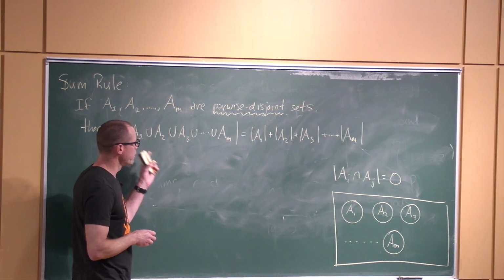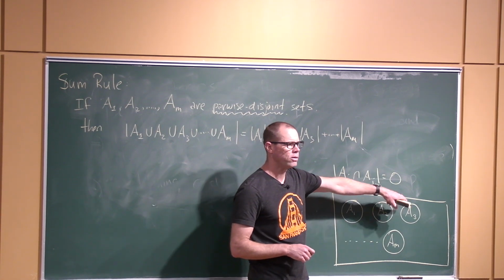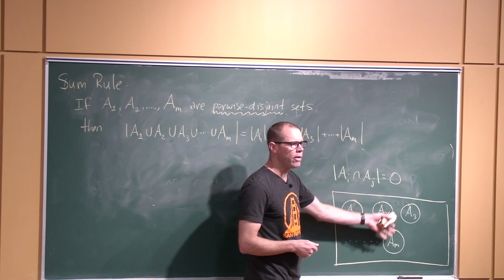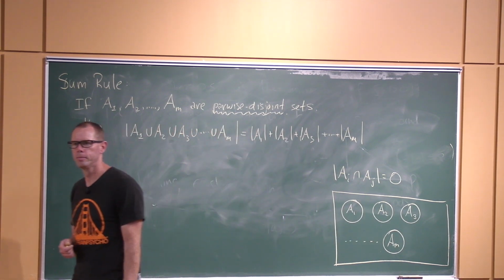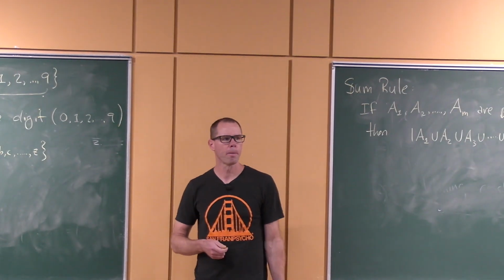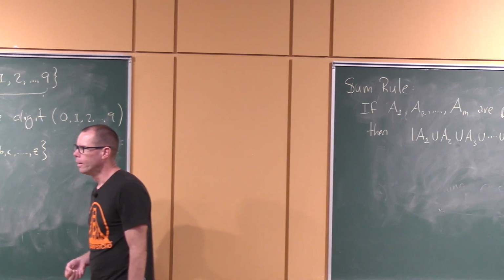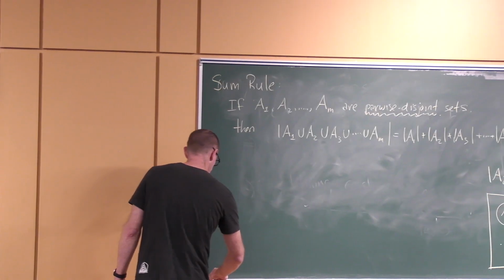And so if I want to know the size of the union of those things, I just count all the things in A1, all the things in A2, all the things in A3, and so on up to AM. And I didn't count anything twice, so that's exactly the size of the union. Is that clear? Okay. All right. So that's an easy one.